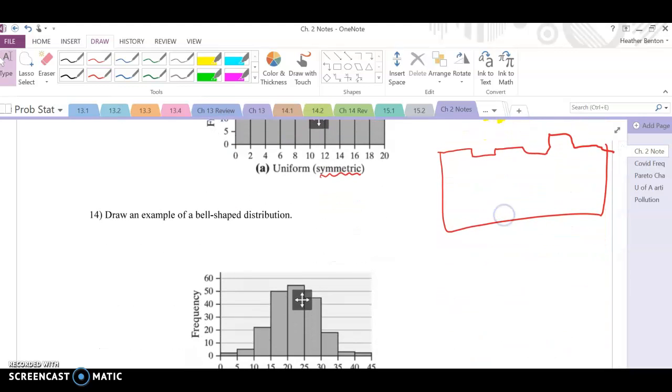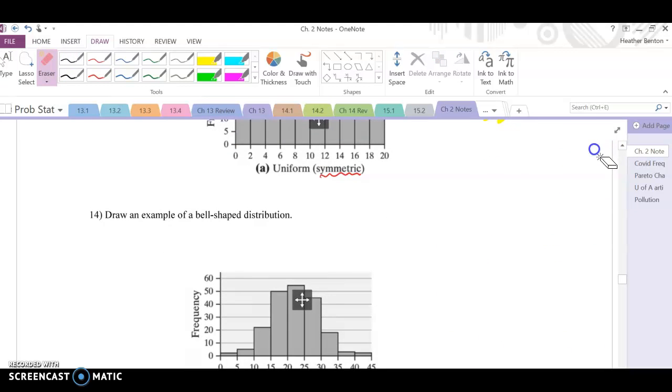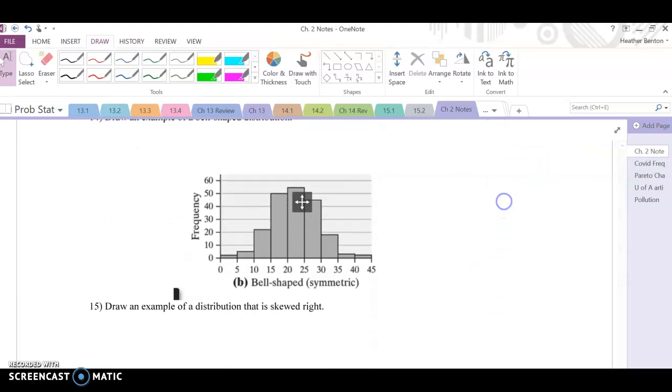The next kind we're going to talk about is indeed the bell shape. Notice it's not perfect, and it doesn't have to be perfectly symmetric. We might call it roughly symmetric at times when it doesn't perfectly fit, but generally it makes this bell shape, and the left-hand side looks like the right-hand side.